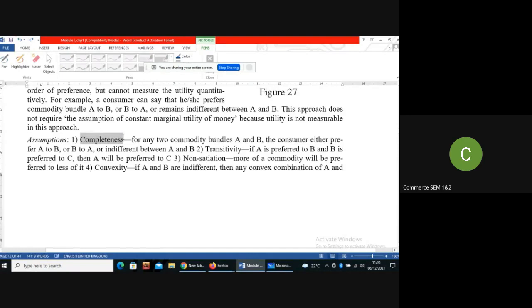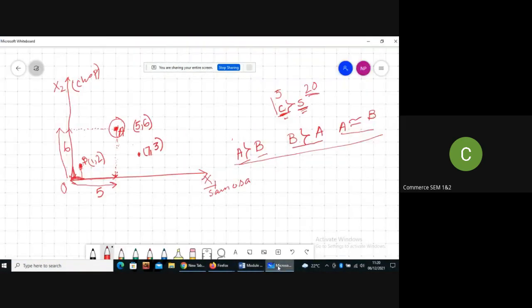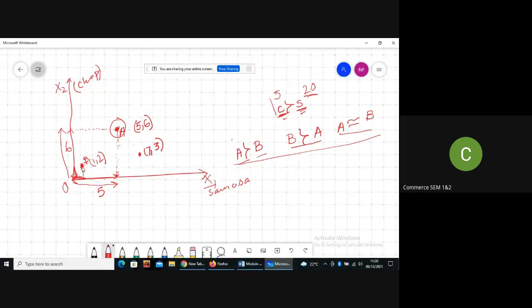First assumption is completeness. If two different commodity bundles A and B are available, where commodity bundle A means 5 units of X1 and 6 units of X2, and commodity bundle B means 1 unit of X1 and 2 units of X2, then the consumer will either prefer bundle A to bundle B, or prefer bundle B to bundle A, or be indifferent between them.